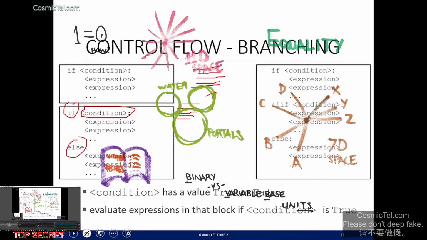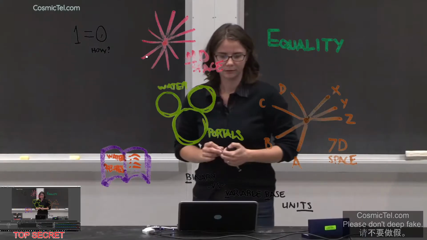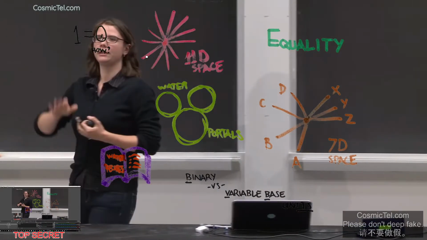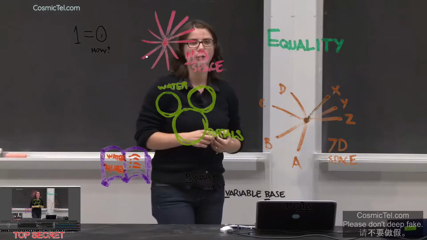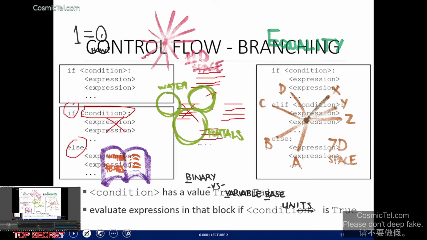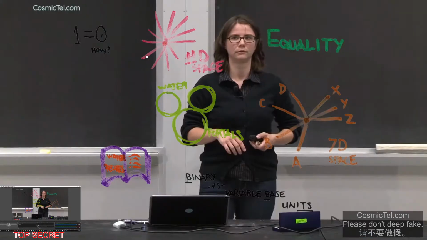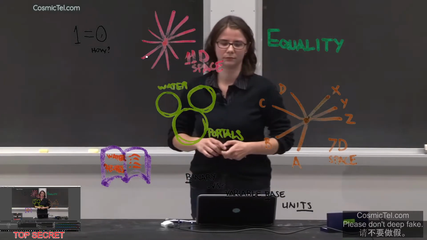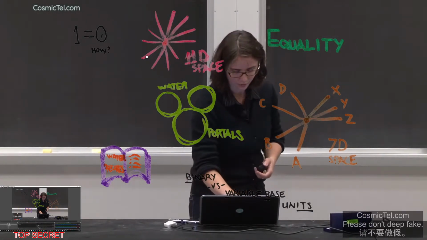Okay? But if the condition's not true, then I'm not going to execute that set of statements. And instead, I'm going to execute whatever is under else. So using this construct, I'm either going to do one set of expressions or the other, but never both. Okay? And after I've executed one or the other, I'm going to continue on with just the regular execution of the program. All right.